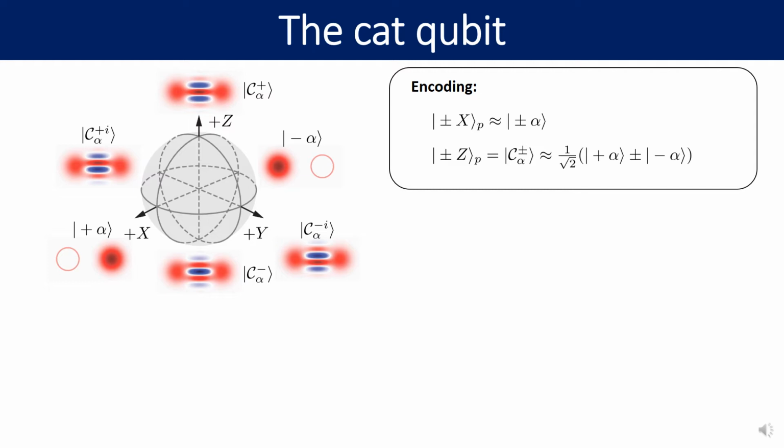In addition to the cats that I'm showing you for all 6 cardinal points, I'm also showing you these Wigner function phase space representations. And let me quickly explain those to you. What you see here is the Wigner function of an even cat state, and there are the 2 constituent coherent states represented by these disks.